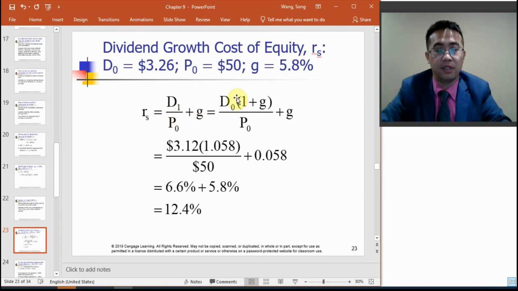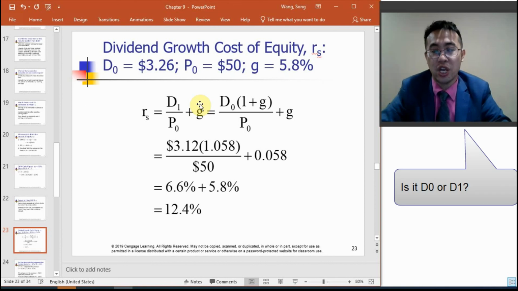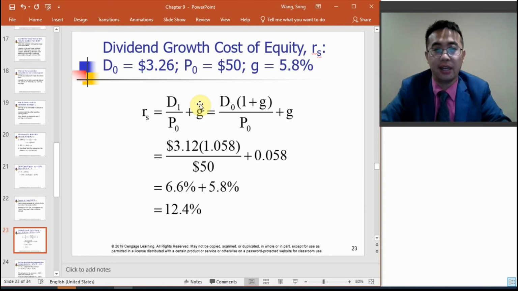And if D0 is given, you have to pay attention to this one. Sometimes I say the firm is going to pay a dividend of XYZ dollars in the next year, and then you should realize this is dividend 1. And sometimes I say the stock just paid a dividend today of XYZ dollars, then you should know that this is dividend 0.